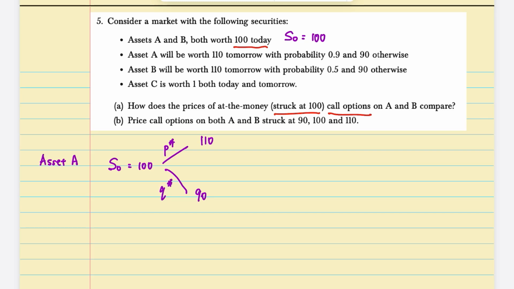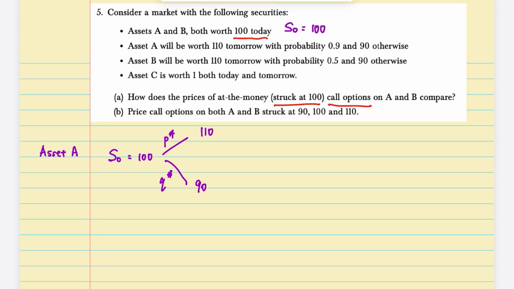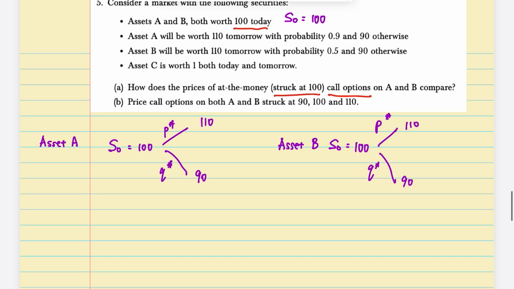So there is meaning towards the P star and Q star, which I will explain again later. Asset B is also the same, worth $100 today, then P, Q, and it will be worth either 110 or 90 tomorrow.